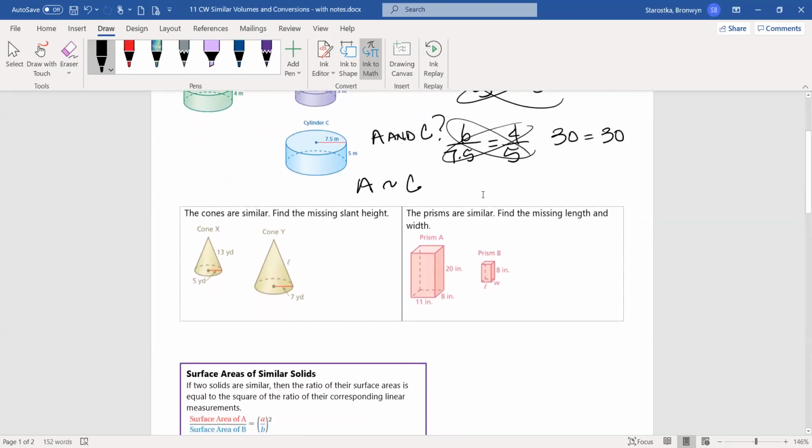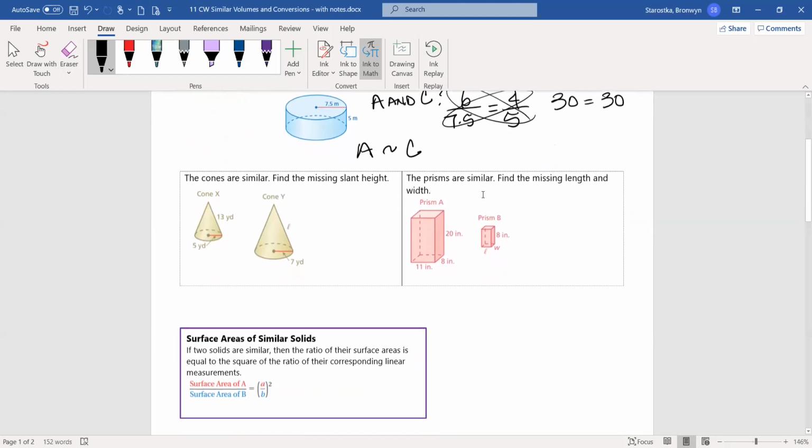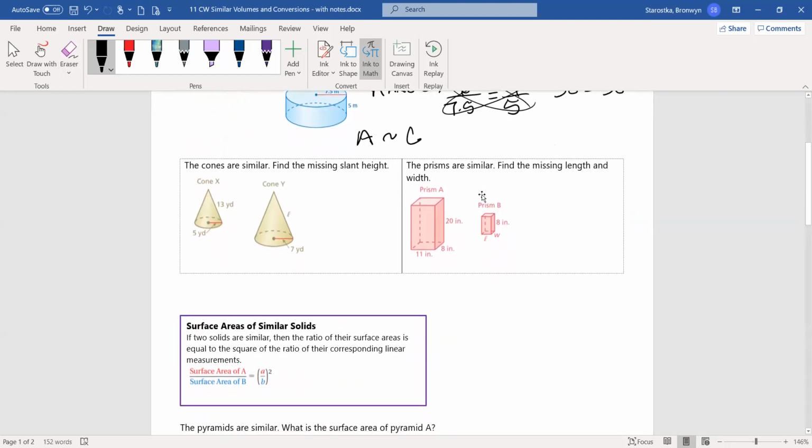The cones are similar. Let's find the missing slant height. So what do we do? We set up a ratio of corresponding sides. So we'll go slant height over slant height. We'll do 13 over L. Does that equal 5 over 7? Well, if they're similar, they will.